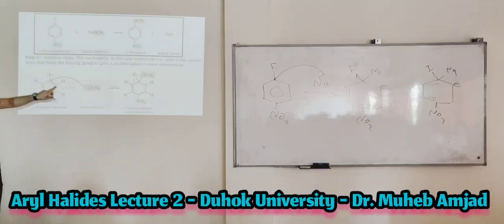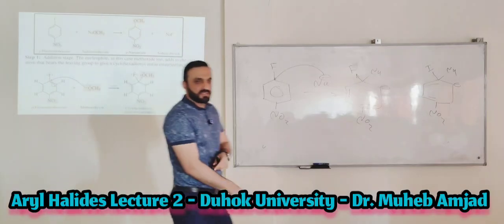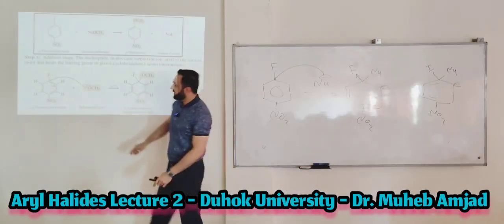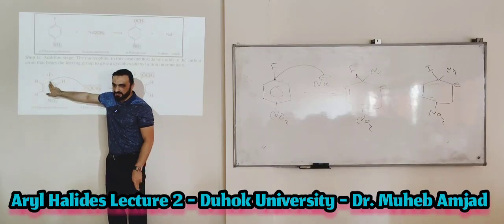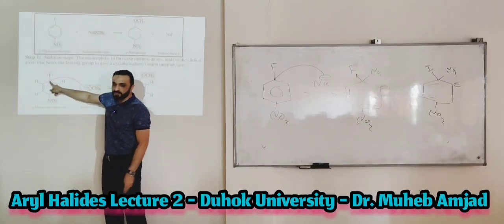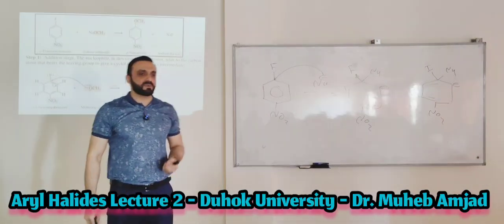Why will this pi bond open? Yes, to make the carbanion. Now, this carbon, how many bonds does it have? 1, 2, 3, 4. If you make a new bond here, the carbon would have 5 bonds. Five bonds is impossible.